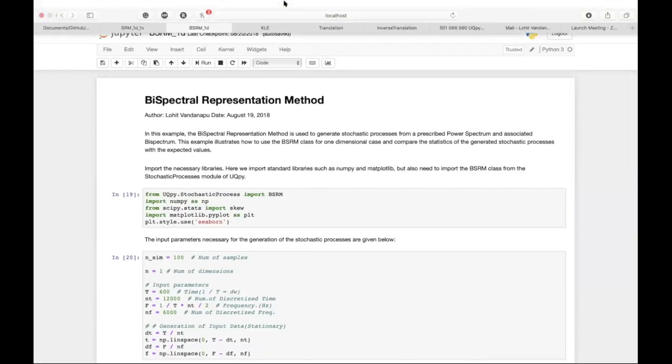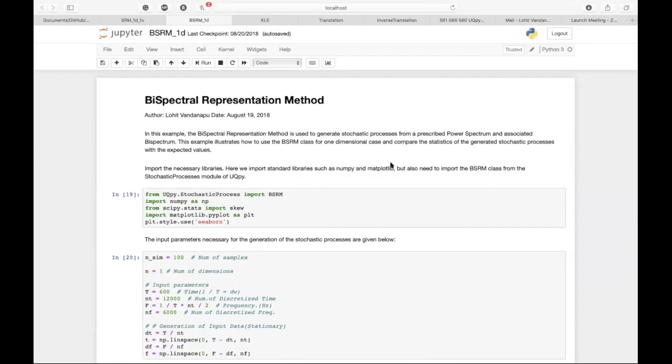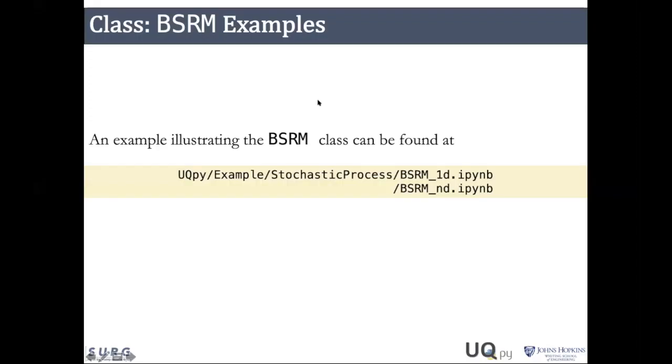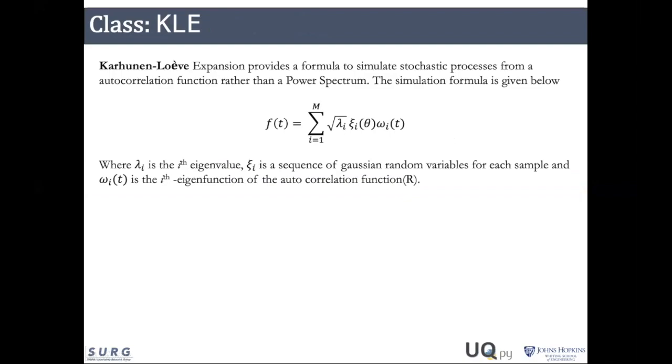Okay, so next we go on to Karhunen-Loeve. Next is the KLE class. It's the Karhunen-Loeve expansion formula for simulation of stochastic processes from an autocorrelation function rather than a power spectrum.